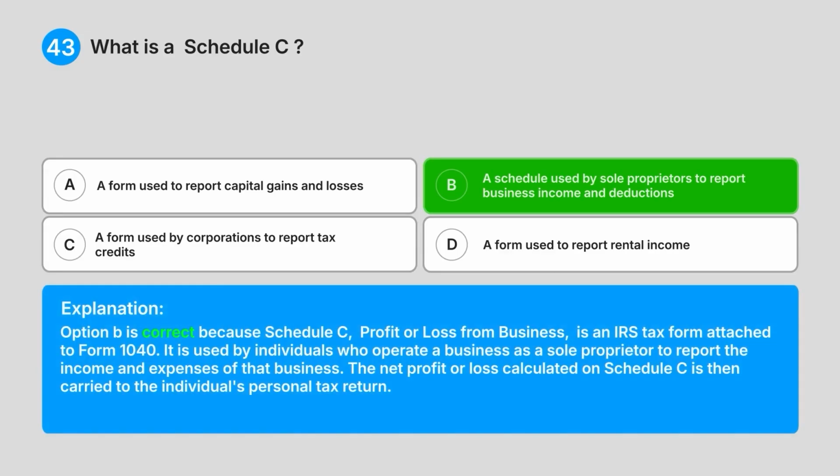Explanation. Option B is correct because Schedule C, profit or loss from business, is an IRS tax form attached to Form 1040. It is used by individuals who operate a business as a sole proprietor to report the income and expenses of that business. The net profit or loss calculated on Schedule C is then carried to the individual's personal tax return.